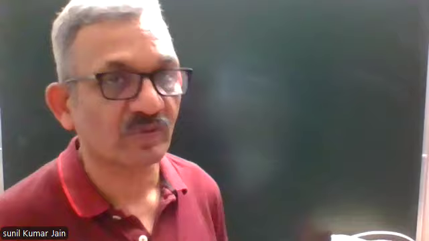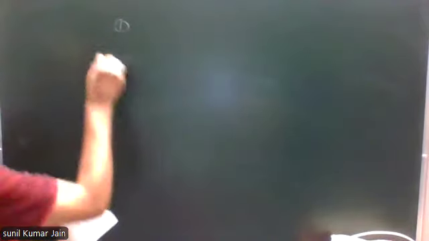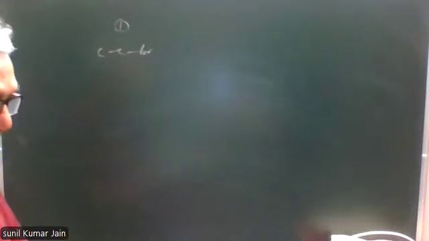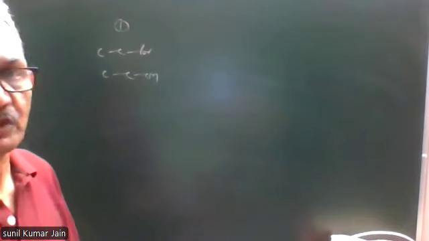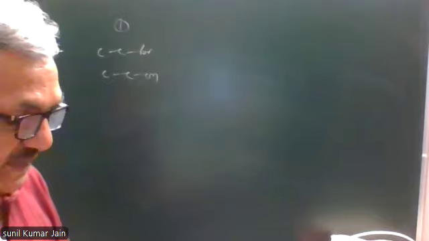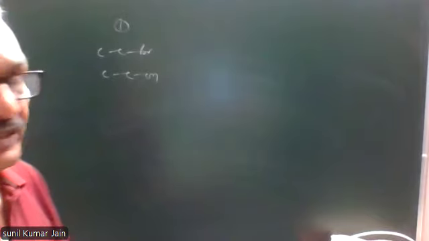Coming to fill in the blanks. First reaction is Hunsdiecker-Borodin reaction, and this is a step-down reaction. Gives CH3CH2Br. Aqueous KOH, nucleophilic substitution reaction gives alcohol, and this alcohol with iodine NaOH.